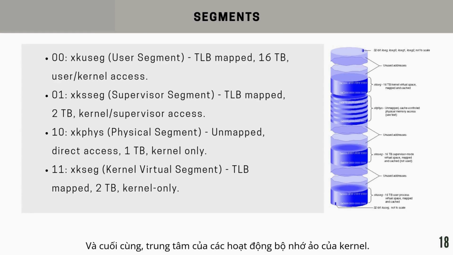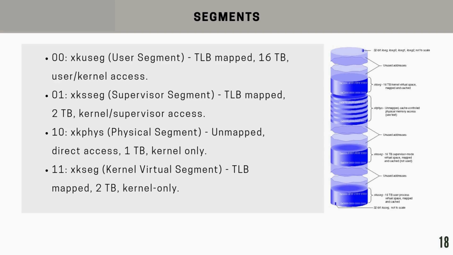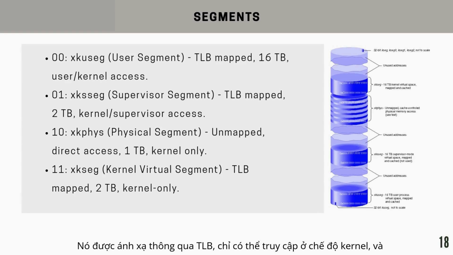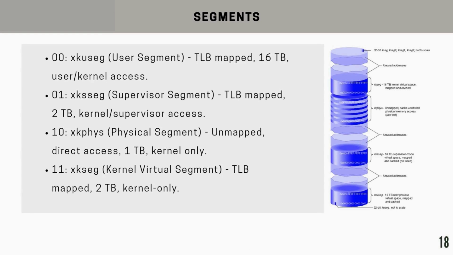And finally, the heart of the kernel's virtual memory operations. Segment 4, XKSEG, the kernel virtual segment. The region code 11 marks this segment, and it is mapped through the TLB, accessible only in kernel mode, and commonly used for kernel memory allocation and device drivers.